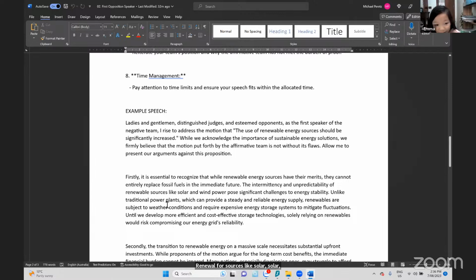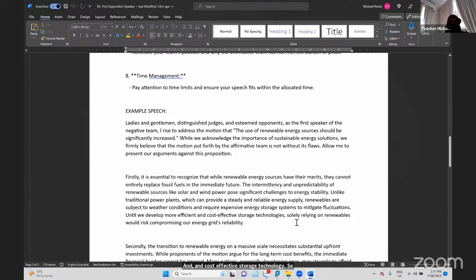Unlike traditional power plants, which can provide a steady and reliable energy supply, renewables are subject to weather conditions and require expensive energy storage systems to mitigate fluctuation until we develop more efficient and cost-effective storage technology.